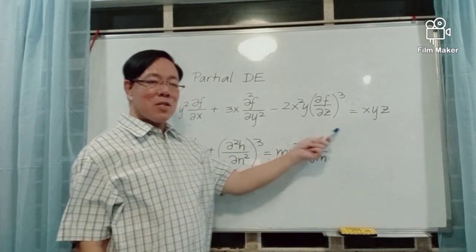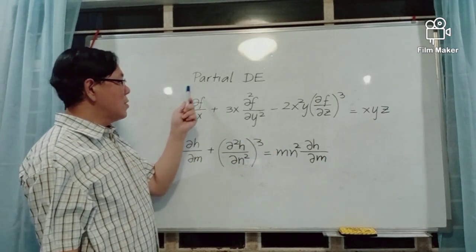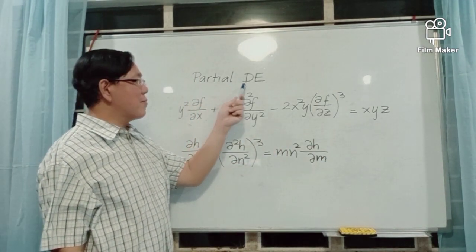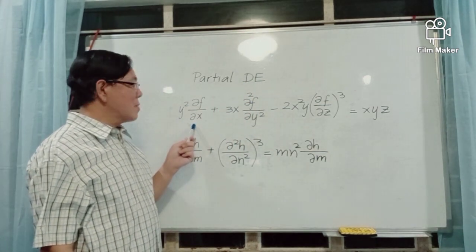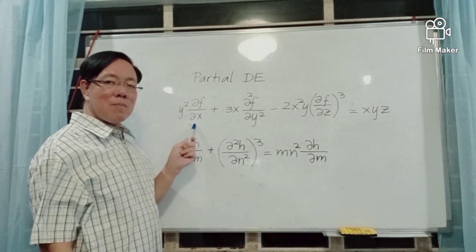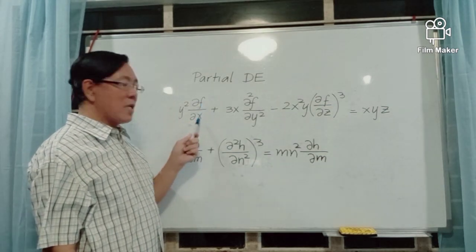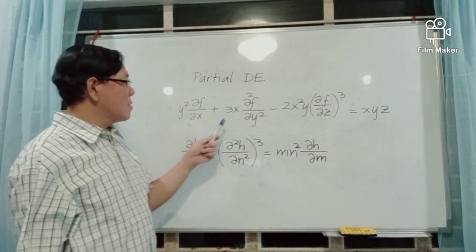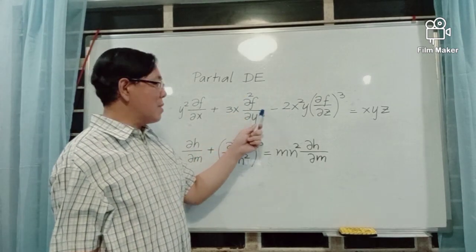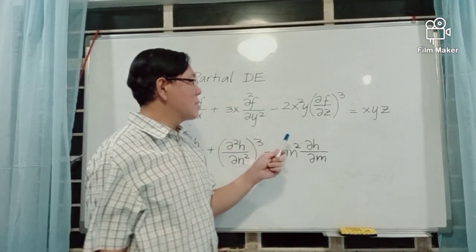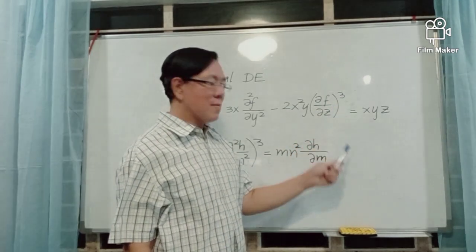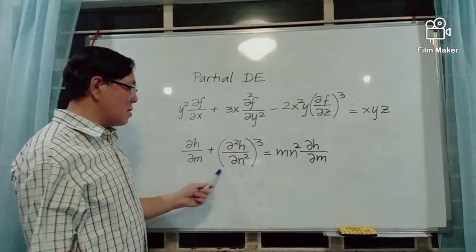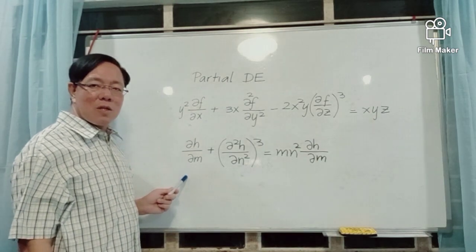And this differential equation is known as a partial differential equation because it contains the partial derivatives of f with respect to x, the second partial derivative of f with respect to y, and the partial derivative of f with respect to c.